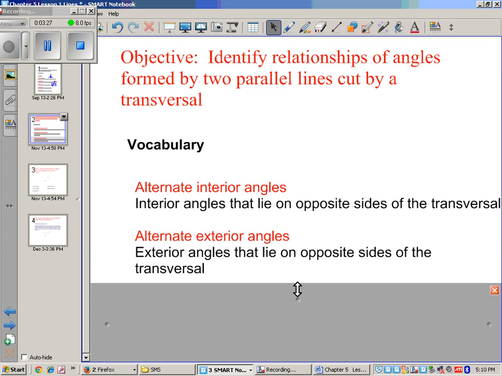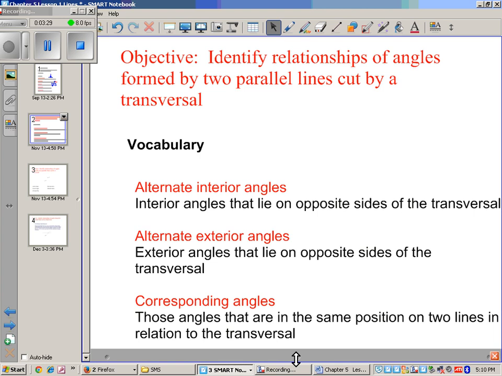And our last vocabulary word for this lesson, corresponding angles. Those are angles that are in the same position on two lines in relation to the transversal. You might want to keep your vocab words handy as we go onto the next page and show examples of all these definitions that we just did.